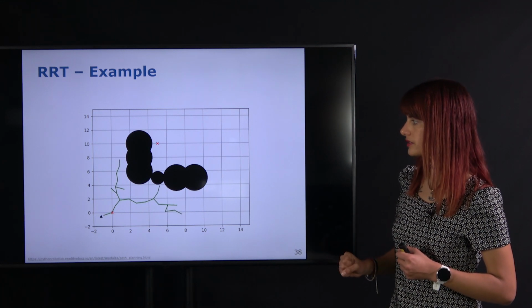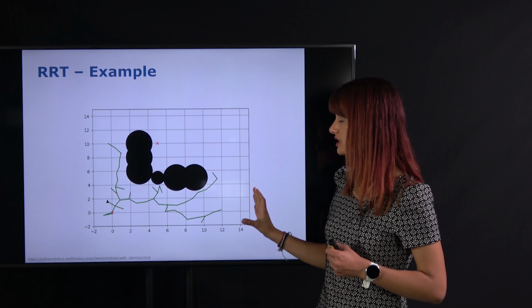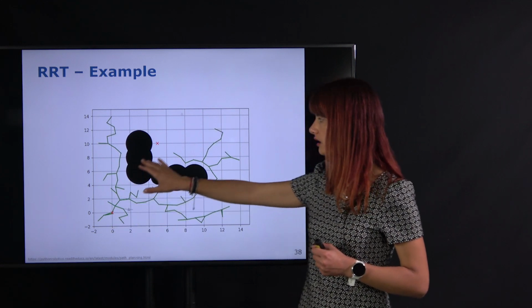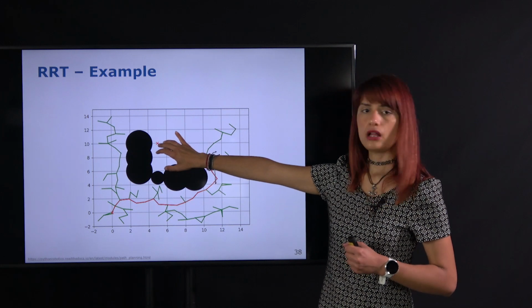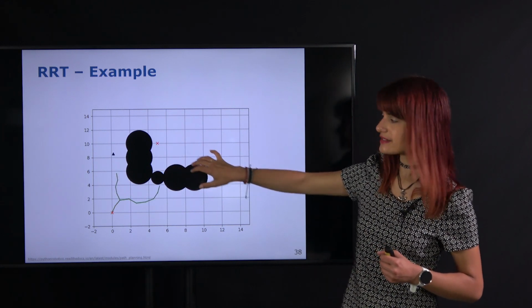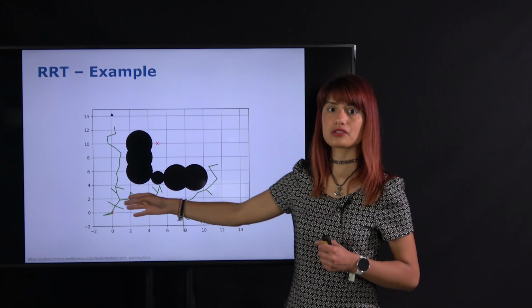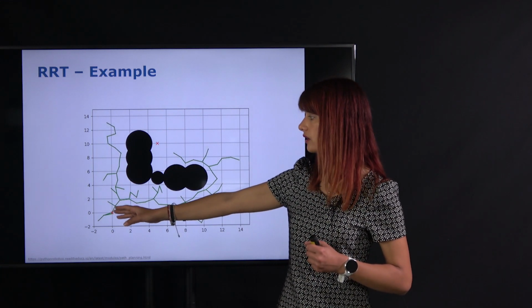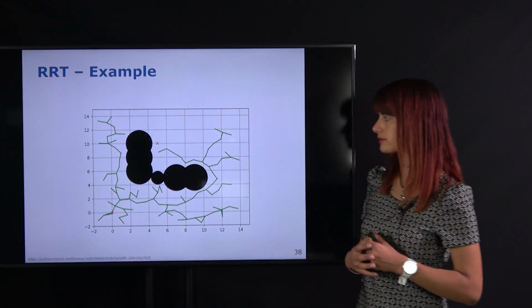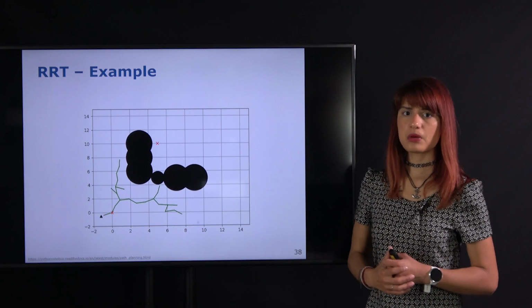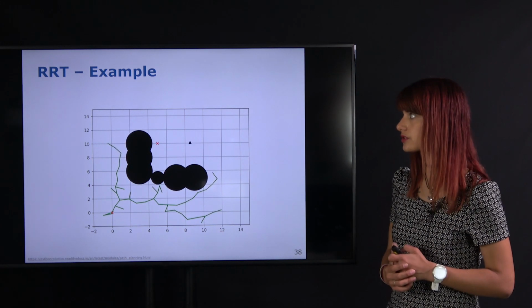And at some point, we have explored the free space enough that we have found the goal, and what we can do then is simply trace the parents back of the tree. So look backwards, where did this branch actually come from, and draw that straight line connection. So this is RRT, finding for us a feasible path successfully from the start to the goal.